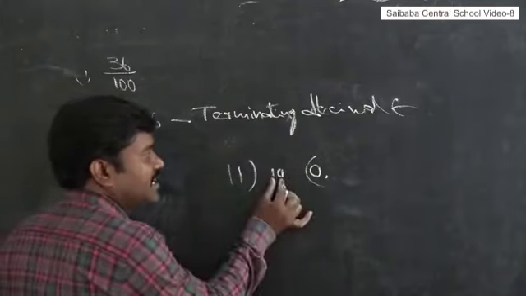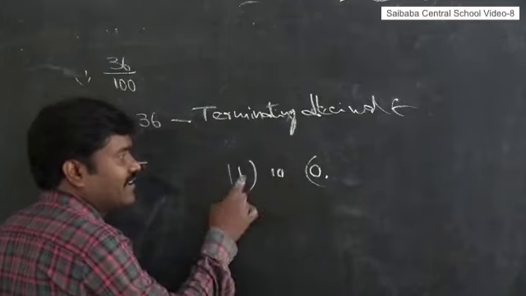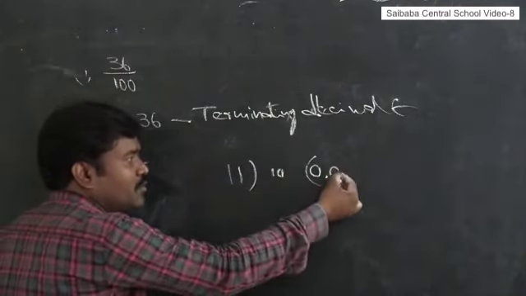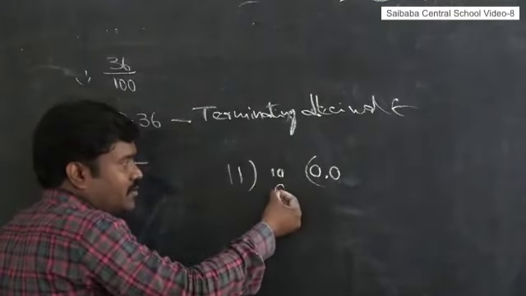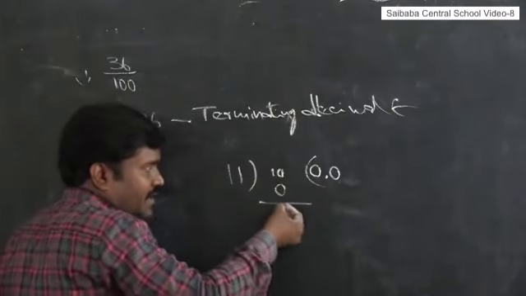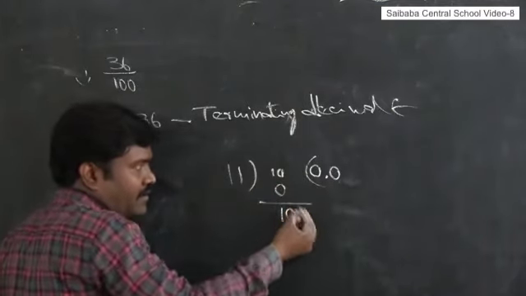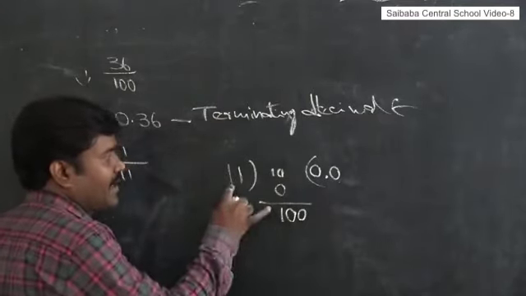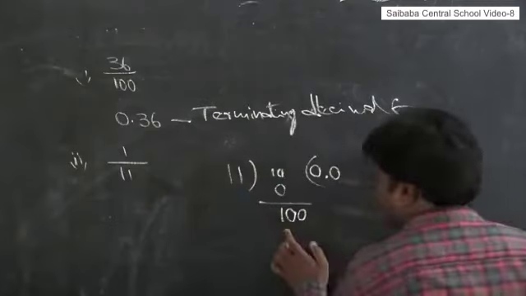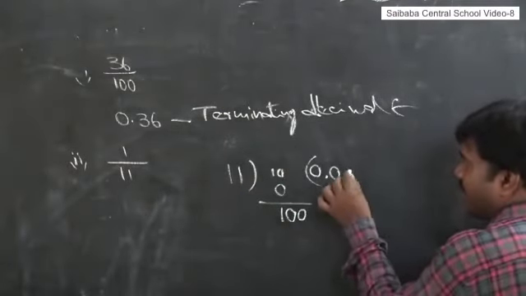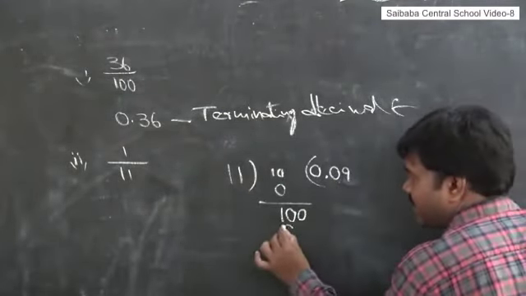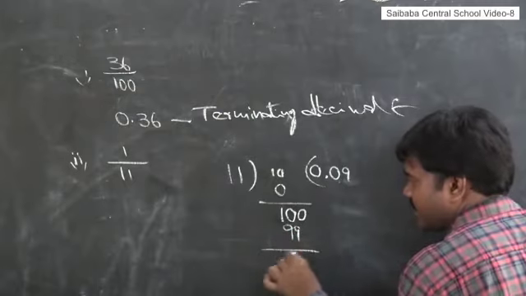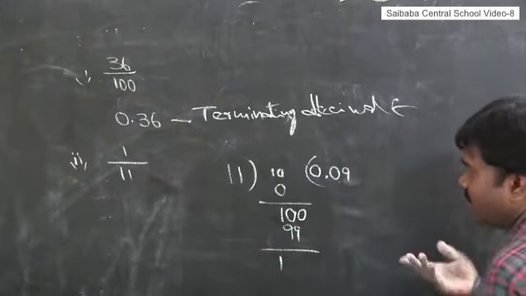10 is less than 11, so 11 times 0 is 0, then 10. The point is already available, so we get 100. 11 times 9 is 99, subtract, and we get 1 again.